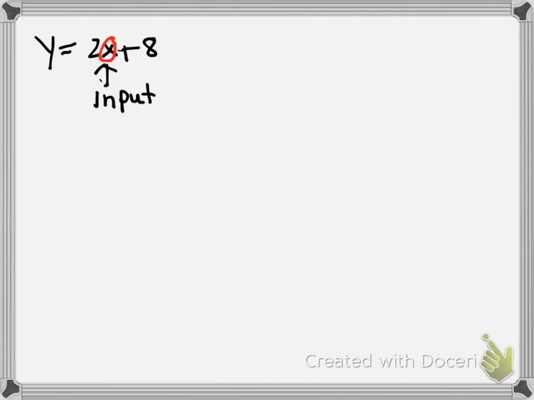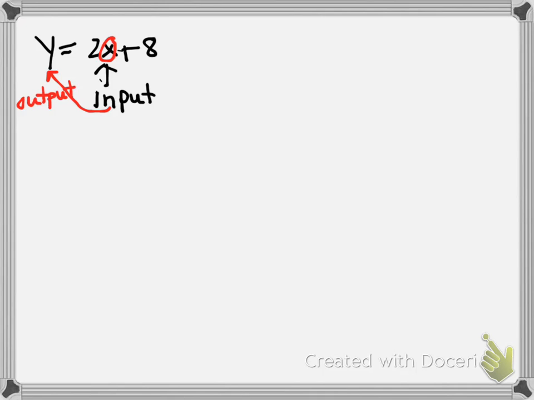Based on the x you put in, you get a particular output. So the output is directly related to the input. What we say is the output is a function of the input.